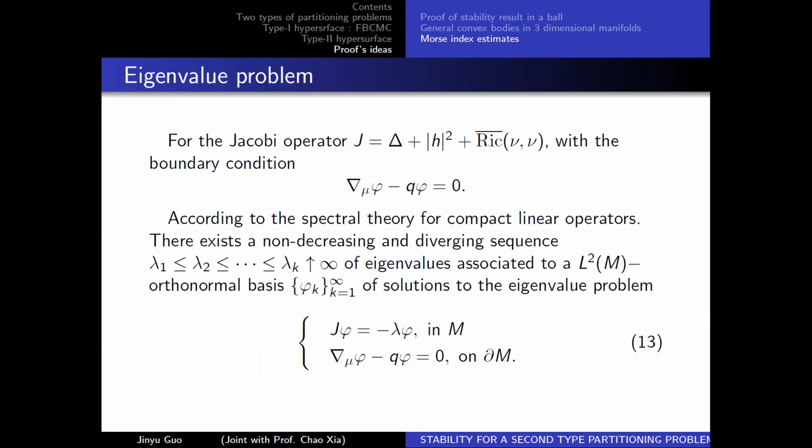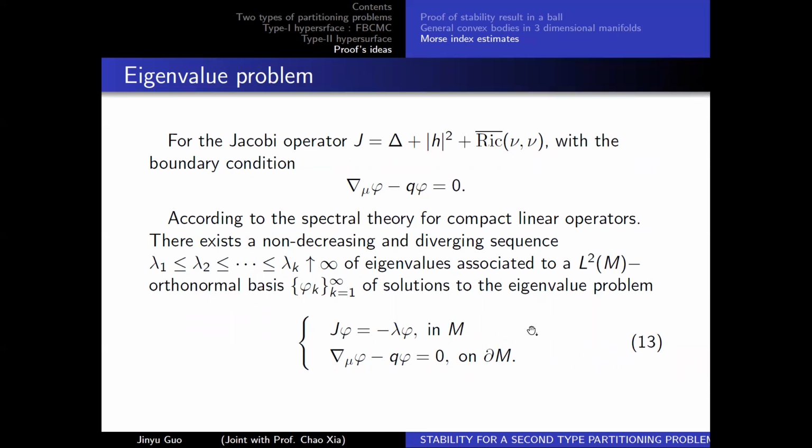Now we look at the eigenvalue problem for the Jacobi operator J, denoted in this way, with boundary condition. According to the spectral theory for compact linear operators, there exists a non-decreasing and diverging sequence, lambda 1 to lambda k, of eigenvalues associated to the L2 orthonormal basis phi k of solutions to the eigenvalue problem 13.